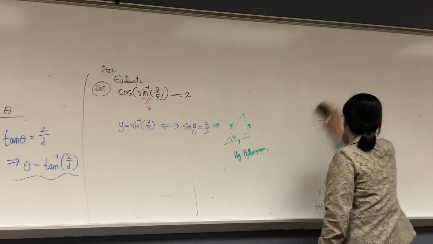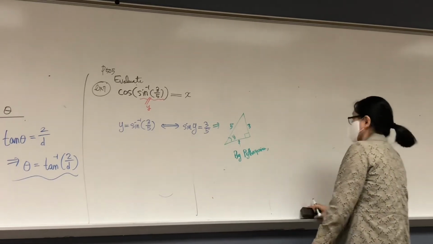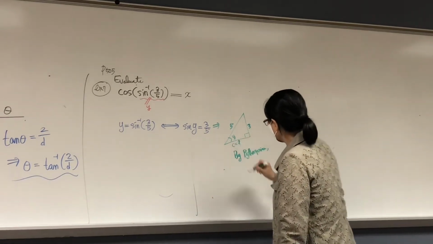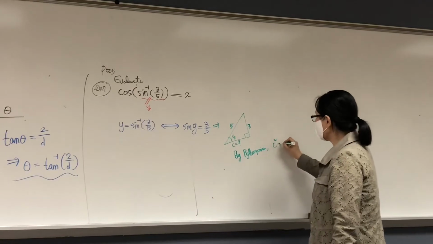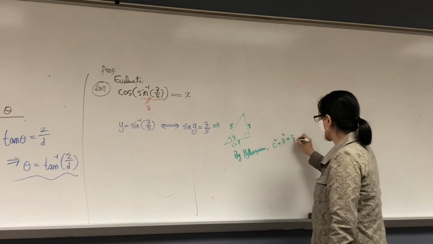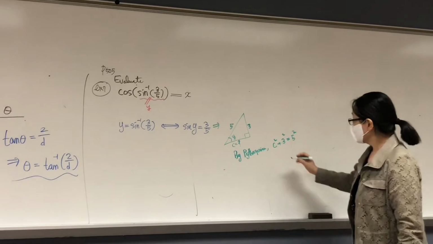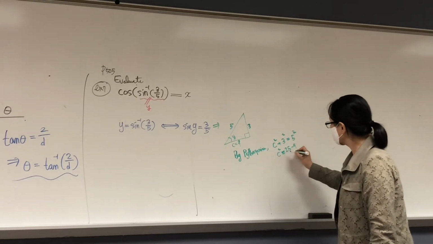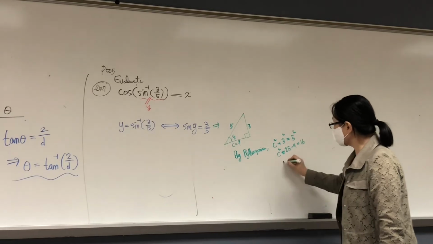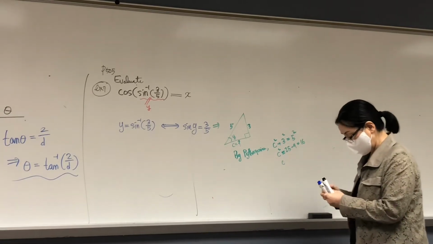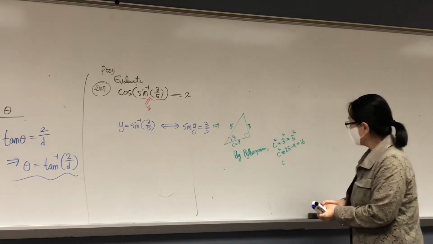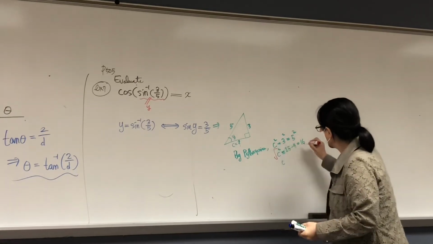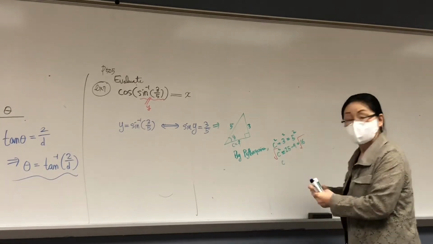Let's say this is C. C squared plus 3 squared equals 5 squared. So C squared equals 25 minus 9, which is 16. So C is 4.